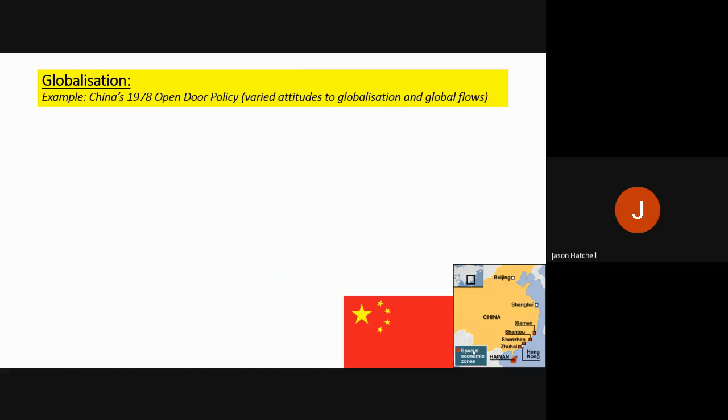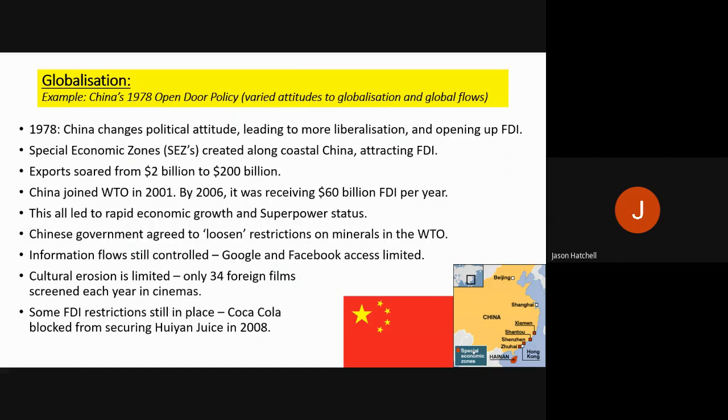The next example we looked at in this topic was China's 1978 open door policy. This is an example of how we can have varied attitudes towards globalization and global flows. As we all know, China is a communist nation and was very strict on those communist rules right up to 1978.